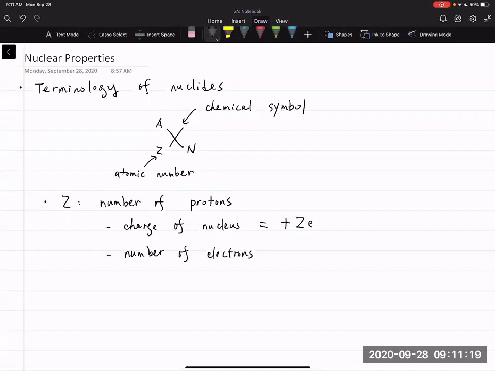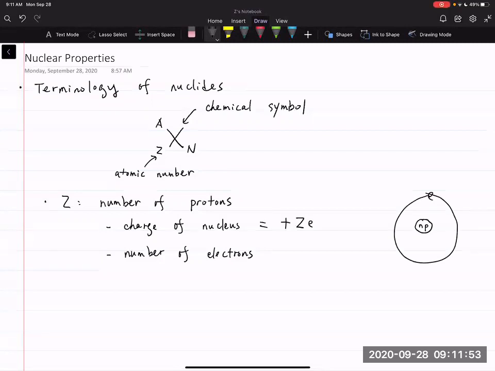Right, so we know the model of the atom. Inside the center we have the nucleus. The nucleus is made of some number of neutrons and some number of protons. Neutrons have no charge, and protons carry the same charge magnitude as electrons. So we have some number of protons, and then to maintain the overall neutral state, we should have the same number of electrons.